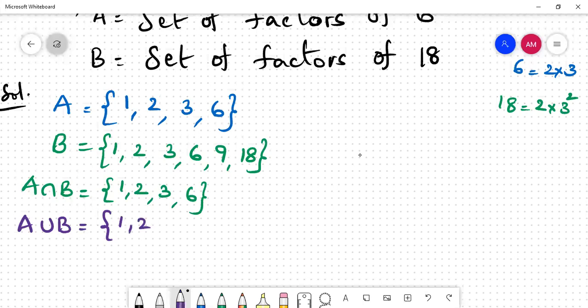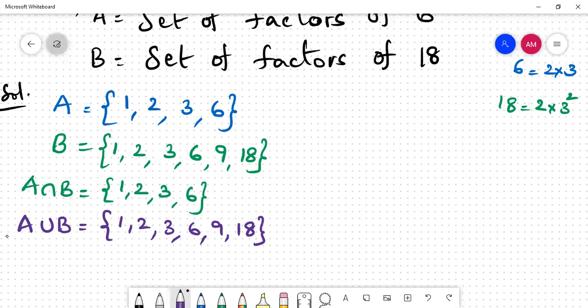What will be A union B? 1, 2, 3, 6, 9, 18. That is nothing but B. It's very important. I'm repeating it again. If A is a subset of B, A union B will be the bigger set, which is B, and A intersection B is the smaller set, which is A. In many competitive exams this is asked.